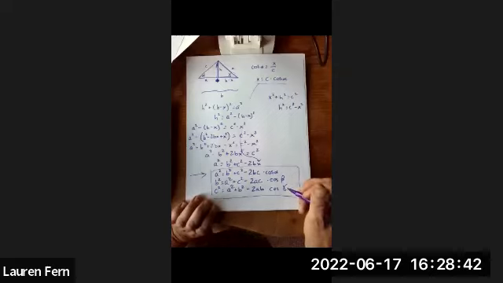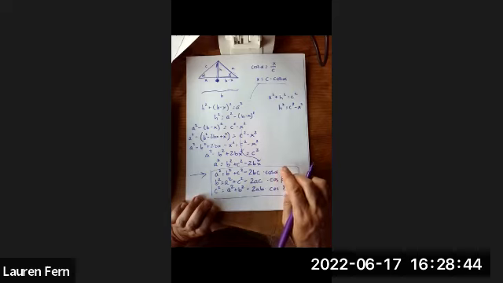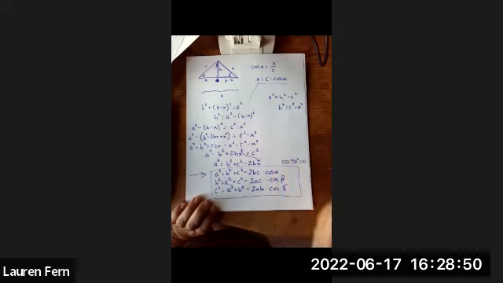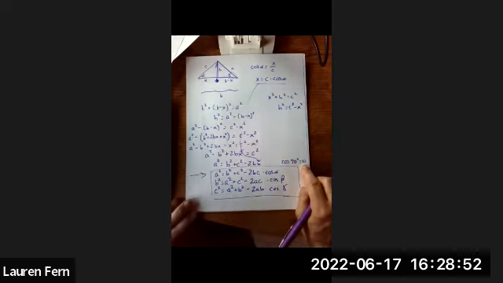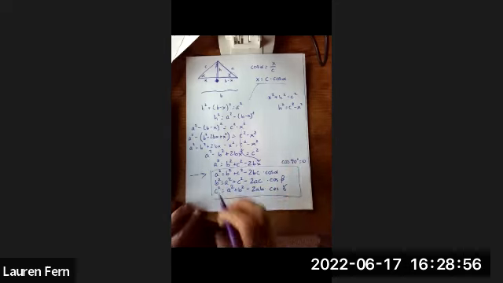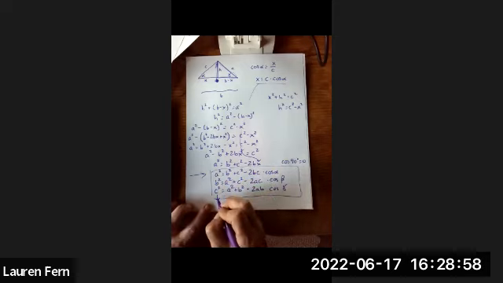If one of our angles is 90 degrees, we know the cosine of 90 degrees is 0. Let's do the bottom one because it's the closest to the bottom of the page.